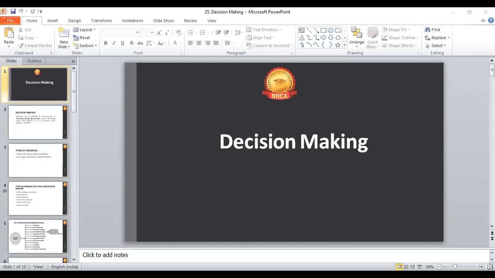Is my slide changing? Can you see slide number 3?